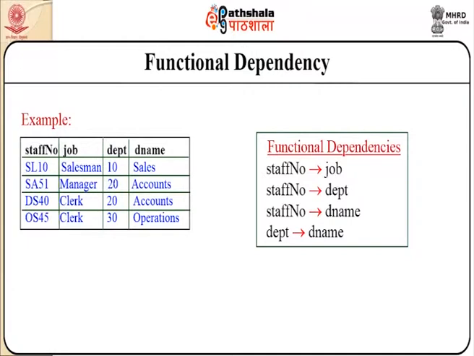As far as this relation is concerned, department name is associated with staff number also, whereas in general department name is purely assigned to department only. So, we write the last relation which says department determines department name, or department name is functionally dependent on department.